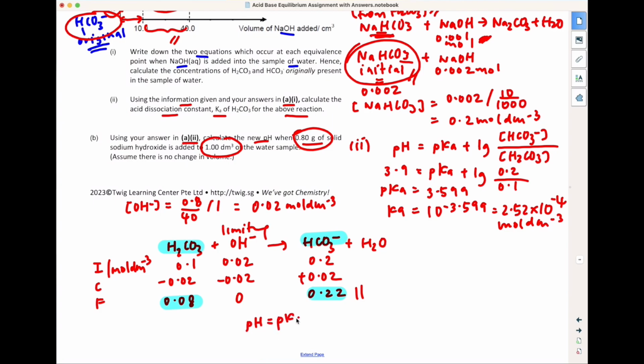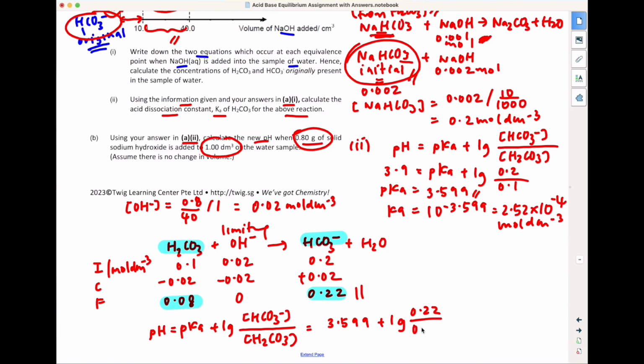pH equals pKa plus log of conjugate base over acid. Put in all the numbers: we can use the pKa from the previous part, 3.599, plus log of 0.22 divided by 0.08.